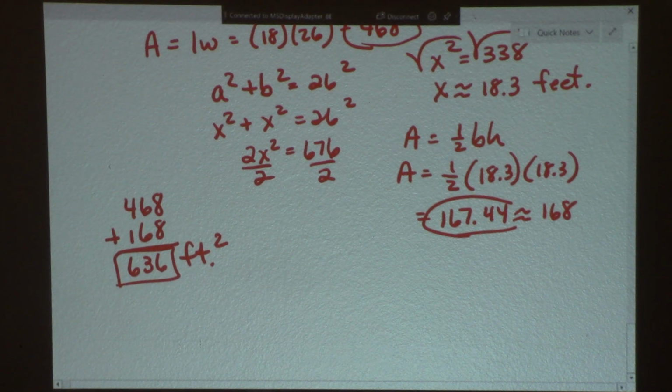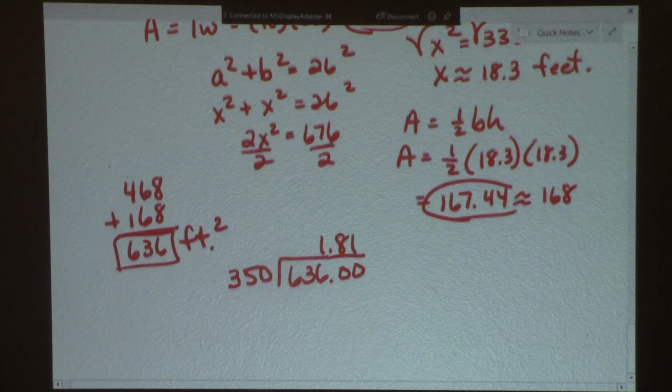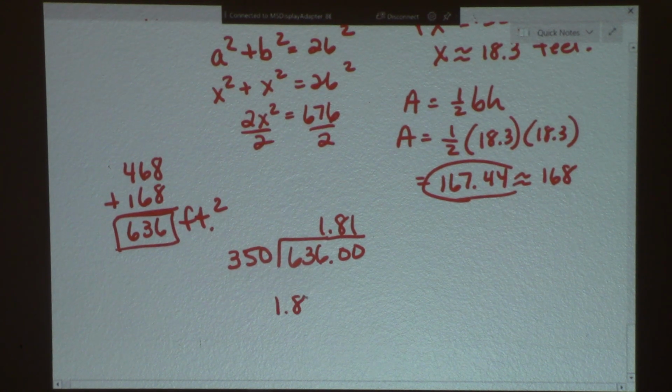And I know from the question that I have 350 square feet per gallon. So I'm going to take 636 and divide that by 350, and I get about, I'll just tell you, 1.81. So I would round that up to 2 gallons of paint.